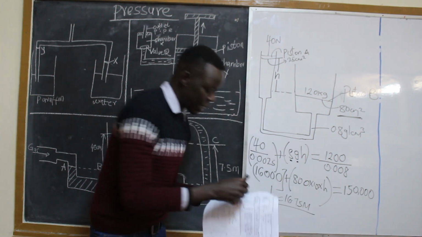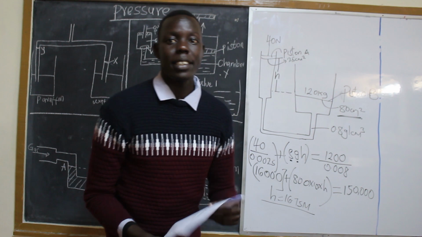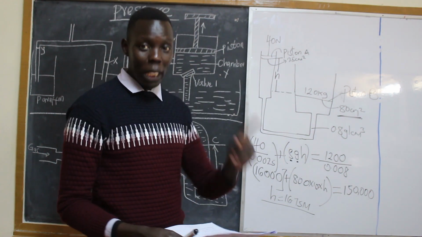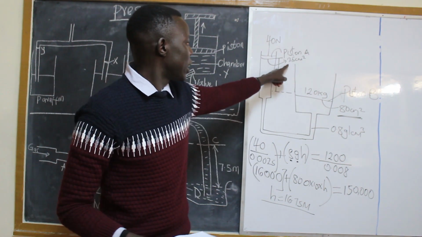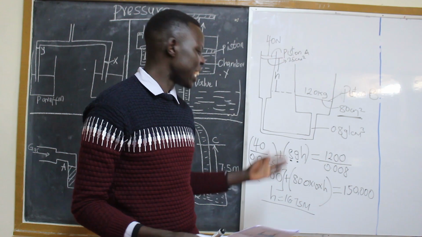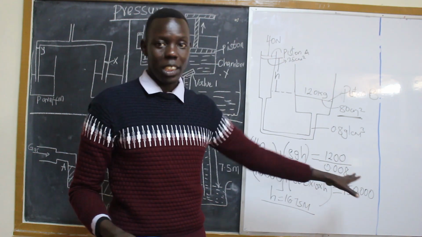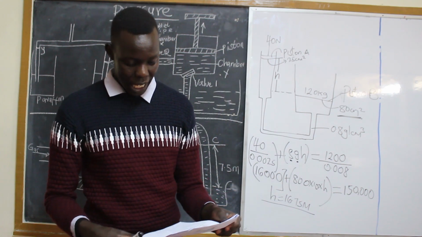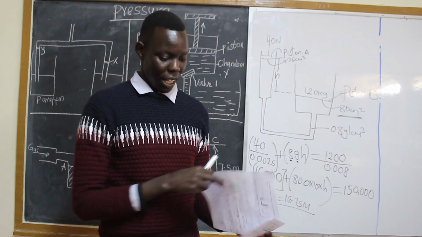Don't write centimeters, it is meters. Someone who did not convert would still get 16.75 centimeters. It's actually okay, but please let's work with SI units. Thank you, we are almost there.